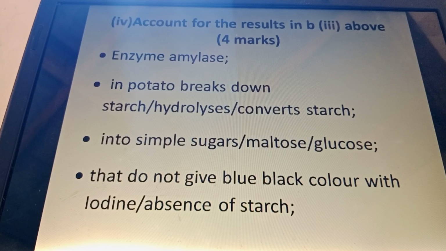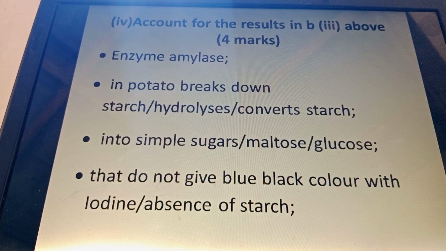Account for the results in B3 above. So, enzyme amylase in potato breaks down starch, hydrolyzes, converts starch into simple sugars, or into maltose, or into glucose. You can mention anything there, like those are the ones that do not give blue-black color with iodine, or you say absence of starch.